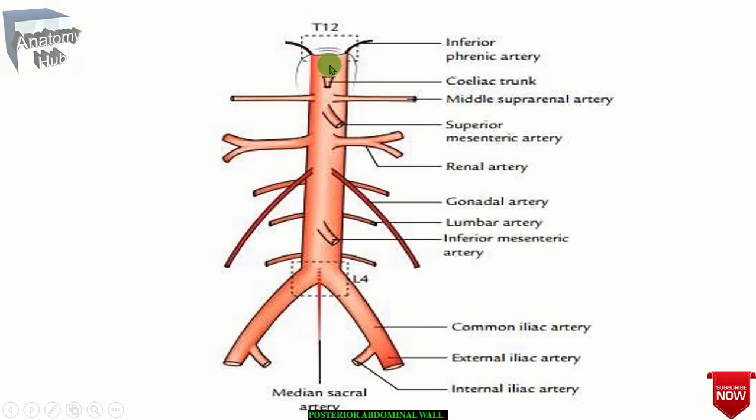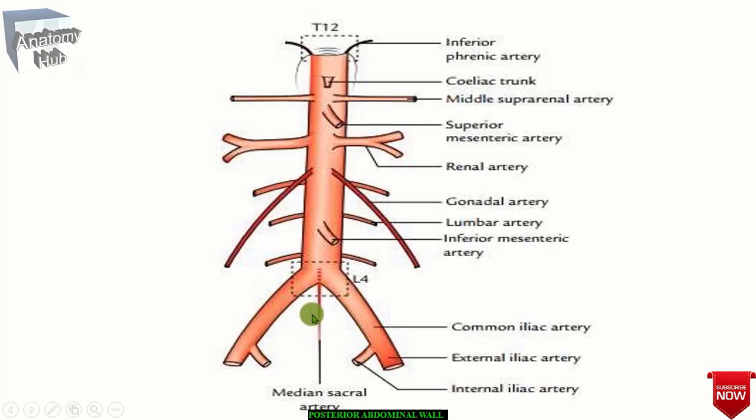It descends vertically downwards and slightly to the left side in front of the vertebral column, and terminates in front of the lower part of the body of your L4 vertebra, dividing into two divisions, that is the right and left common iliac arteries.